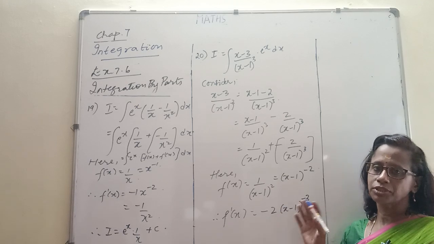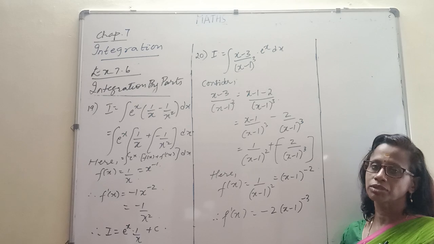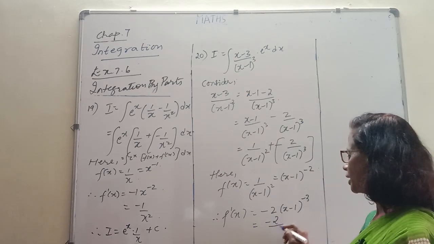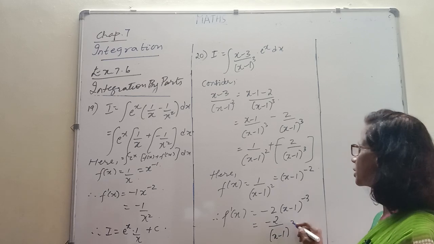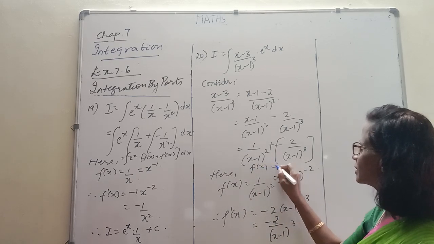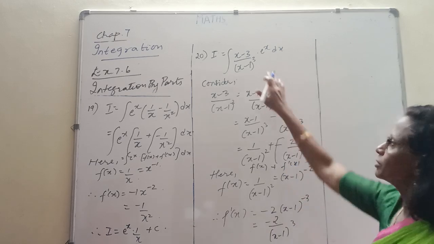So f'(x) is −2/(x − 1)³. When we correspond, this is f(x) and this is f'(x). So you are able to convert this.